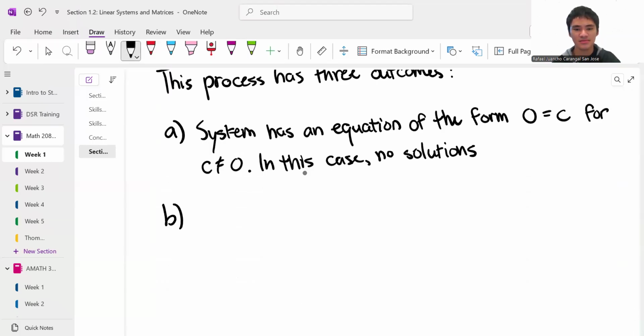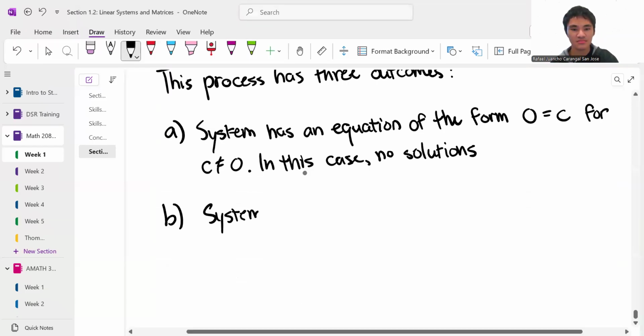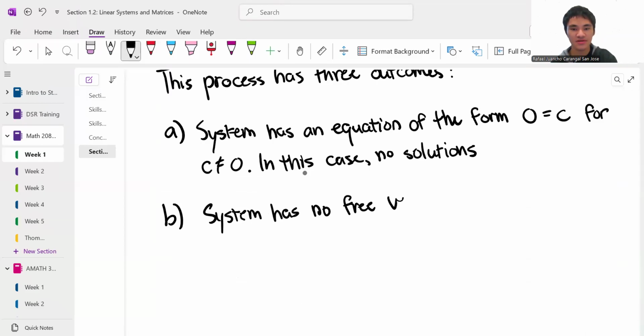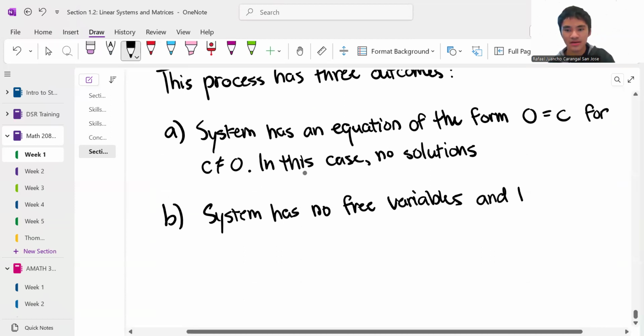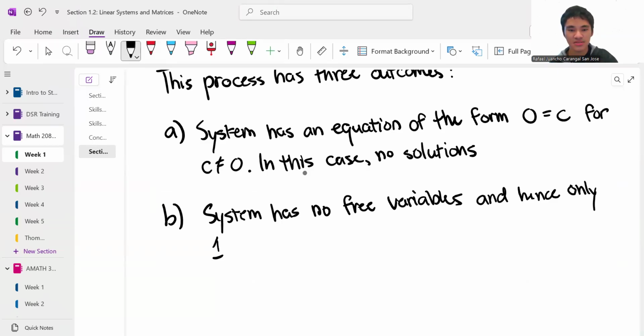B, the system has no free variables. So it could have no free variables, right? So we don't set free parameters, and hence only one solution. That's it. We just make do with what we have.